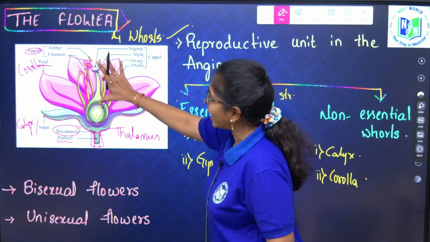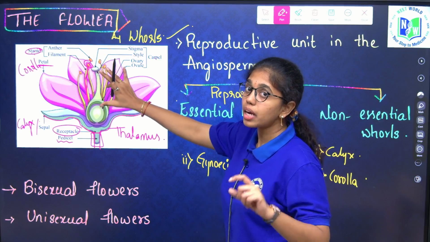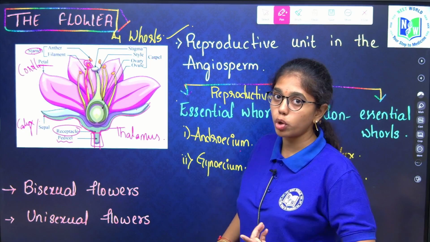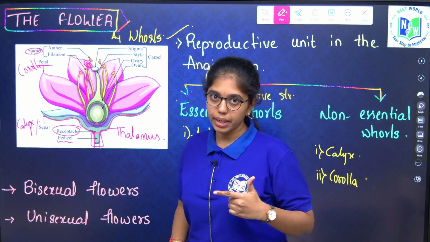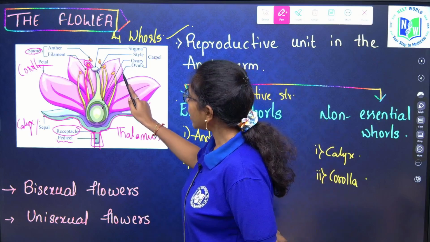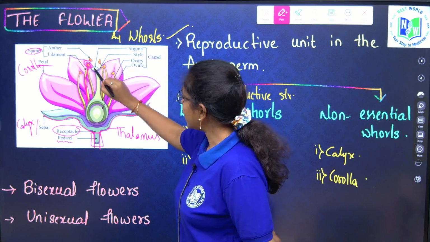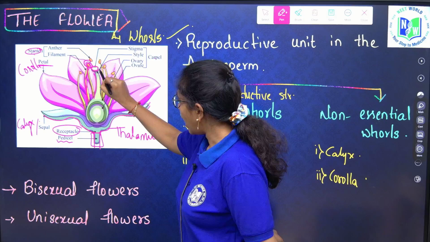If you look into gynoecium, gynoecium can bear single carpel or many carpels. Based on that, we will learn about monocarpellary or multicarpellary gynoeciums. Okay. So, here in each unit of carpel, you will have stigma, style and ovary.